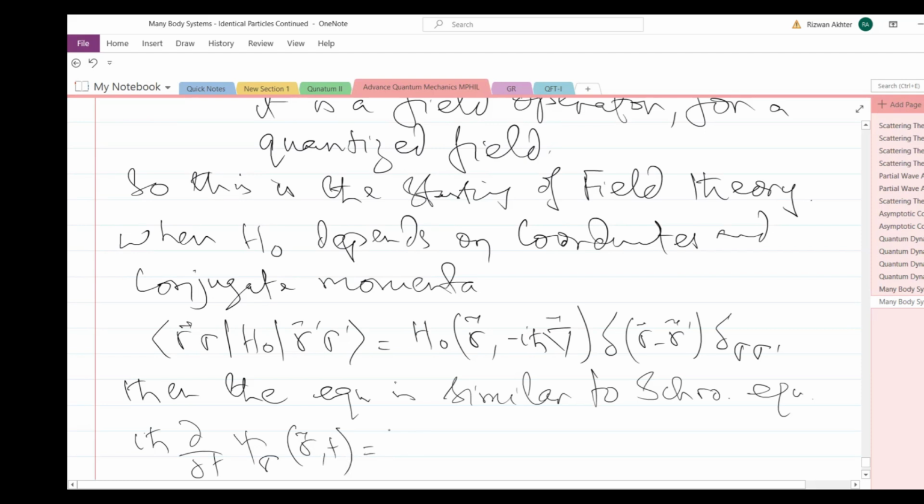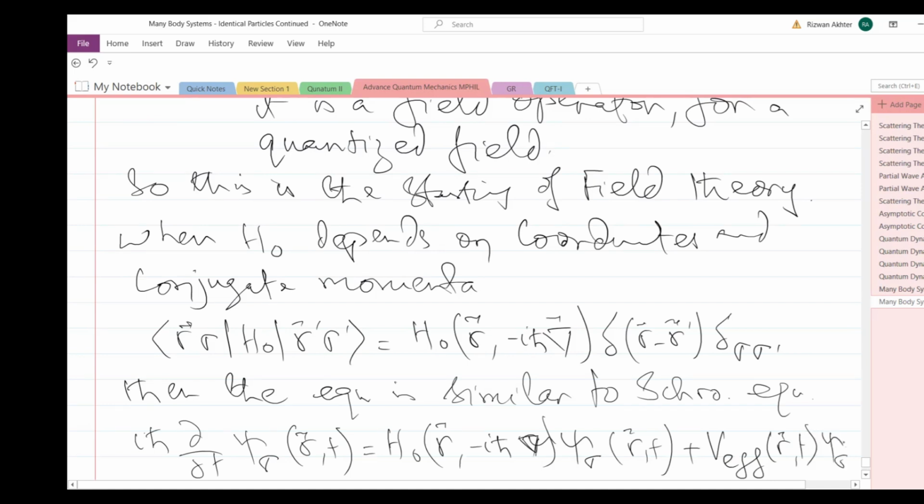It's not a wave function. H naught of r minus iota del. H naught is a function of this quantity. Psi sigma of r comma t plus v effective जो ऊपर हमने डिफाइन किया हुआ है, which is a function of r and t times psi sigma of r comma t. Okay.